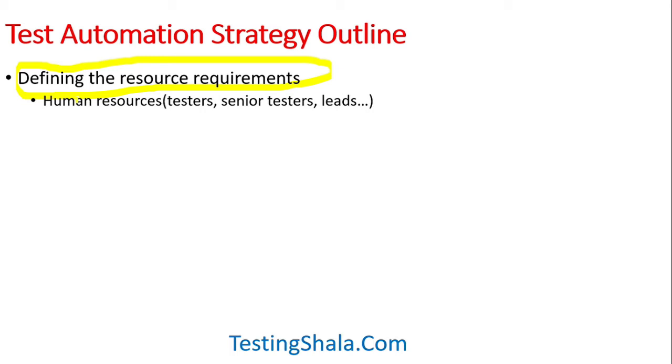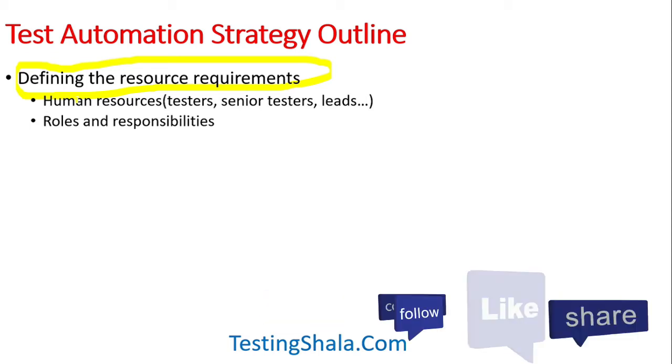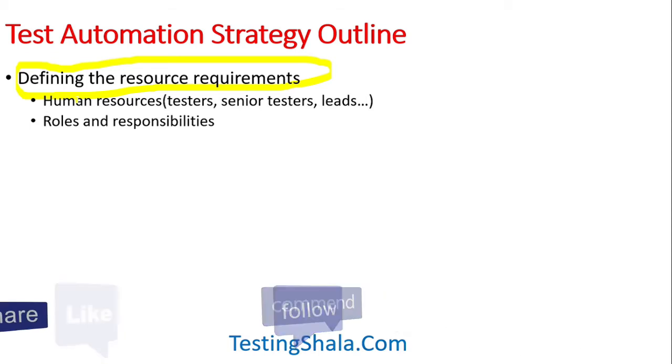You should not do automation without having a proper strategy. So you should bring the right strategy in terms of the human resources required to perform or bring in test automation. The second aspect is, okay, we brought in so many resources, and what are their roles and responsibilities? Who is going to do this test automation?